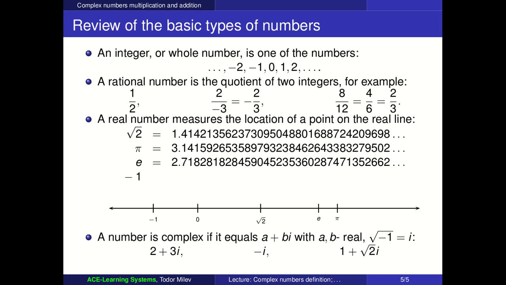The set of rational numbers is a subset of real numbers. That means that every rational number is a real number, but there are real numbers that are not rational. And the set of real numbers is a subset of the set of complex numbers. So every real number is a complex number, but there are complex numbers that are not real numbers.